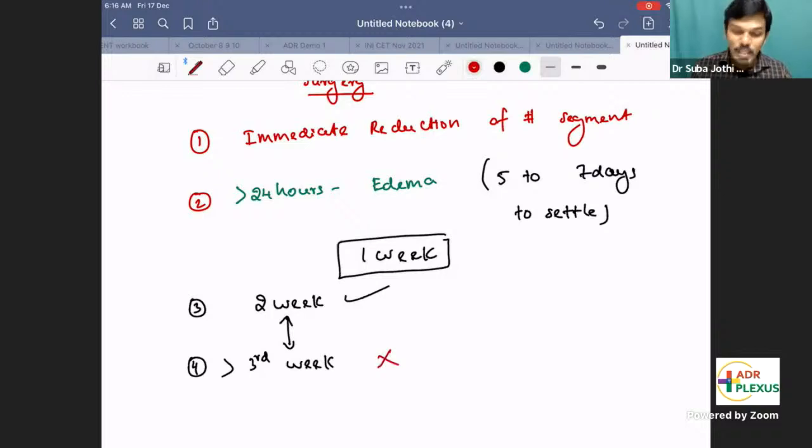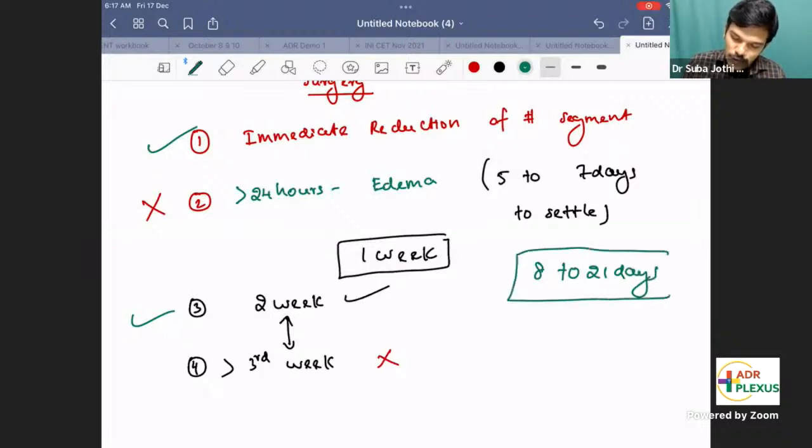See the timeline? Timeline 1: you can do it immediately. Timeline 2: more than 24 hours, in the initial 1 week, you should not do it. Then 2 weeks to 3 weeks, that is 8 days to 21 days, you can do the surgery.